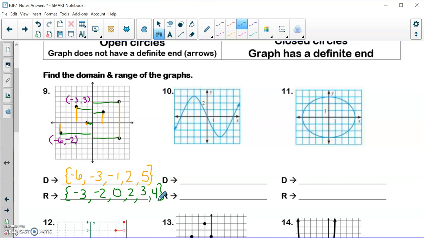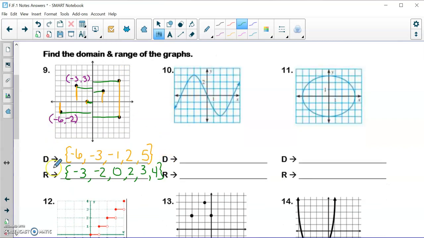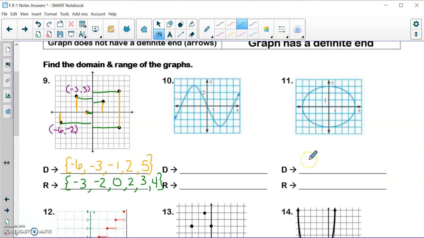But when you have just a graph with a bunch of sporadic points, you are still going to write your domain and range exactly like we do for relations and tables, because these are all the possible x values: -6, -3, -1, and so forth. But on number 10, it's different, because the possible x values for this one could be this point here, which is an x value of -4.